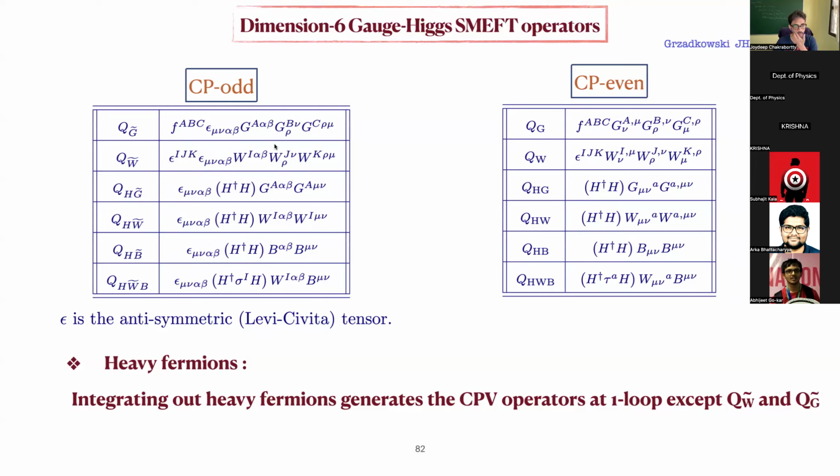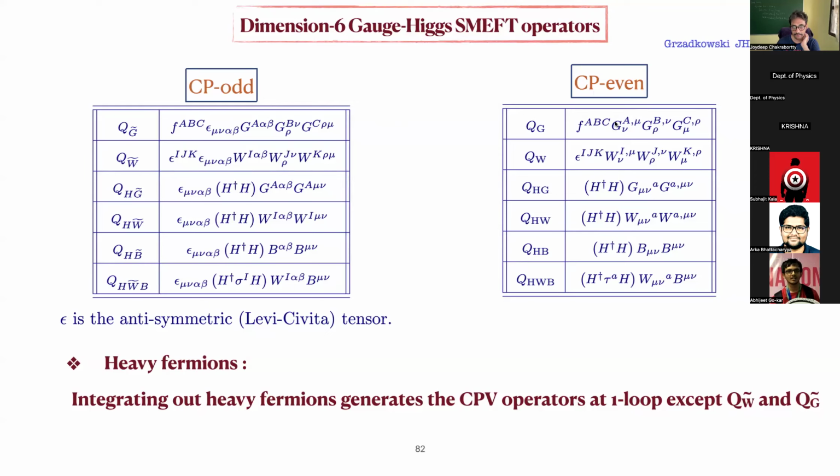Now, for a heavy fermion which couples with the standard scalar sector, if there is CP violation, then upon integrating out the heavy fermion, you can generate these operators. You must be wondering why I am talking about CP odd operators and also CP conserving operators.